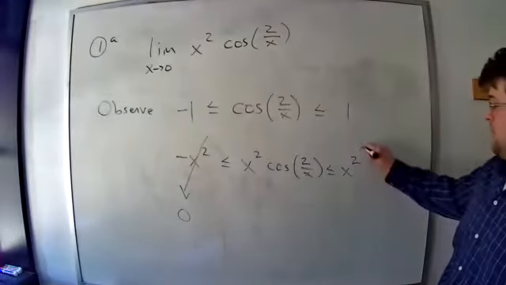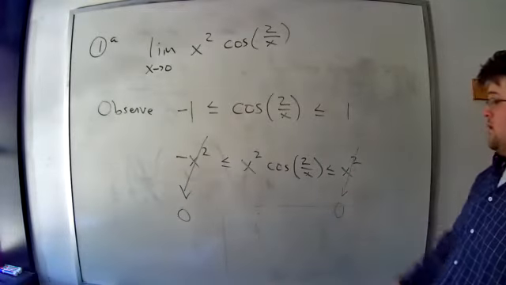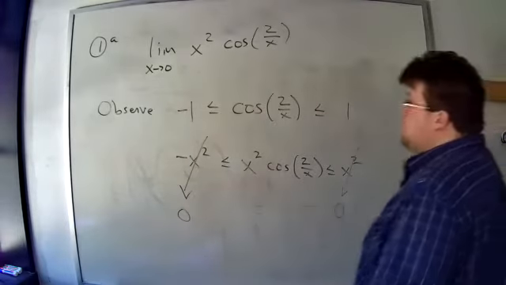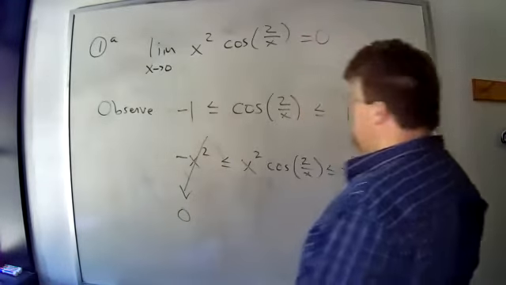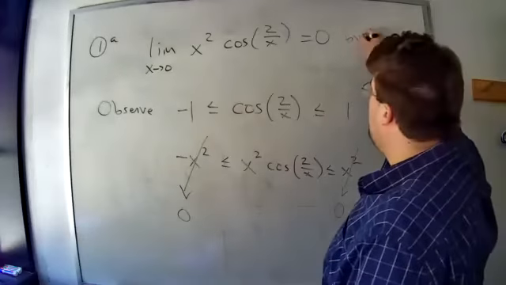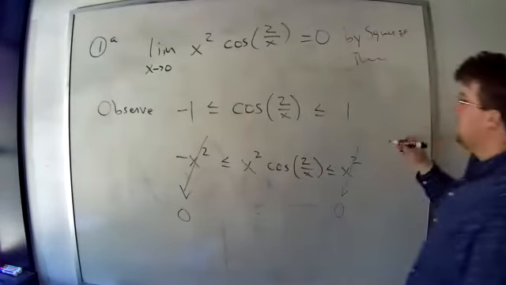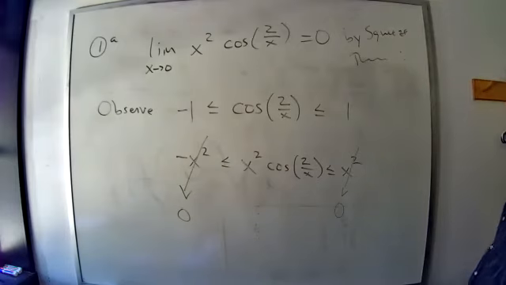And as x goes to 0, x squared also goes to 0. So on both sides, we have a limit of 0. So this limit equals 0. And I'll just say up here by squeeze theorem. That's this theorem. And I'll just put a colon there since the work follows it.